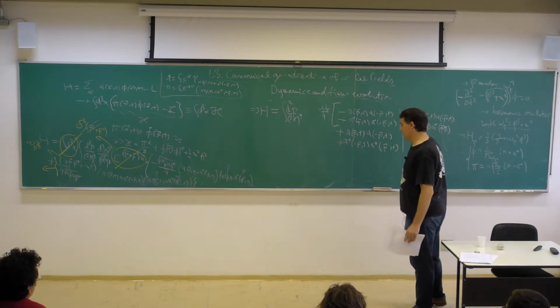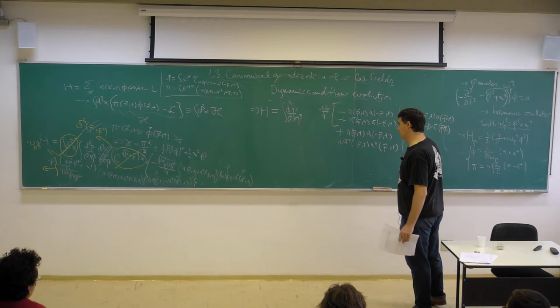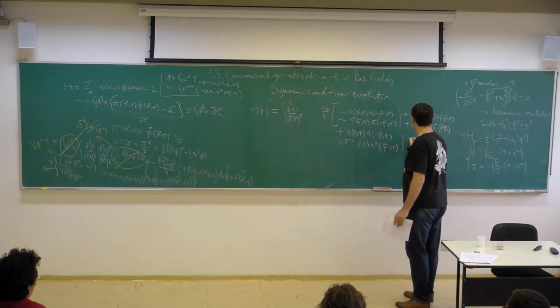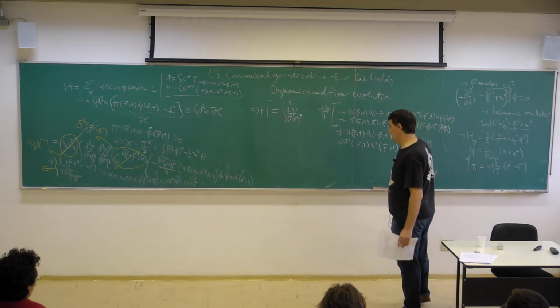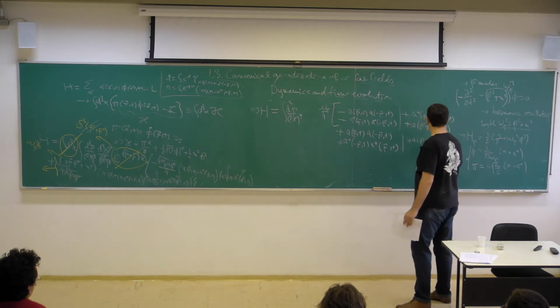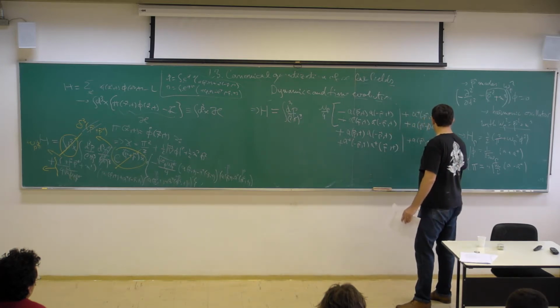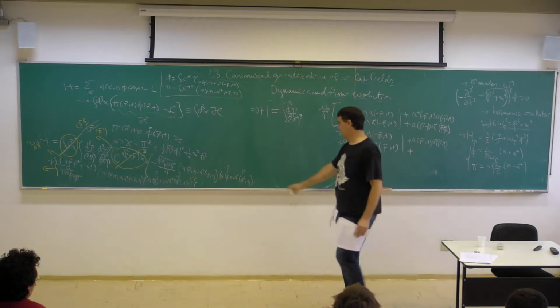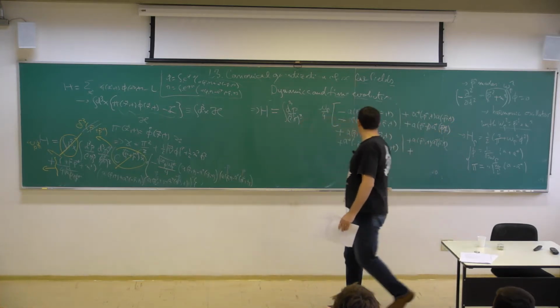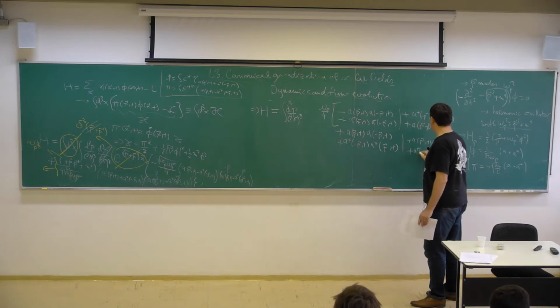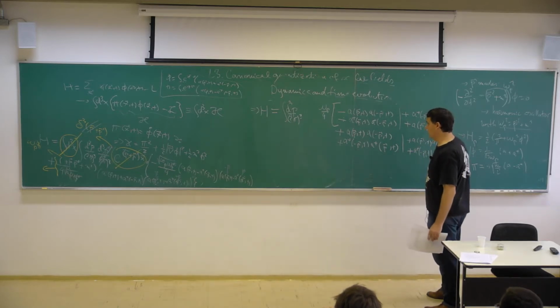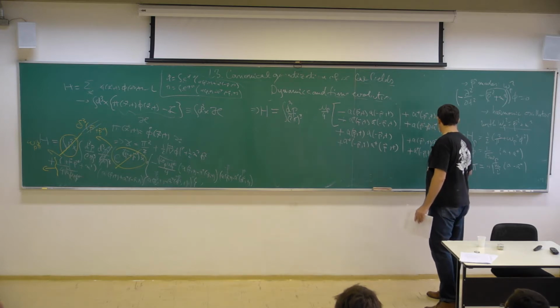And then the terms that shouldn't cancel: a of p t, a dagger of p t, plus a dagger of minus p t, a of minus p t.